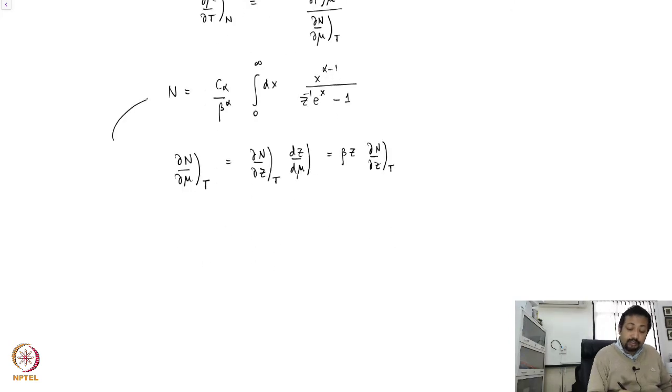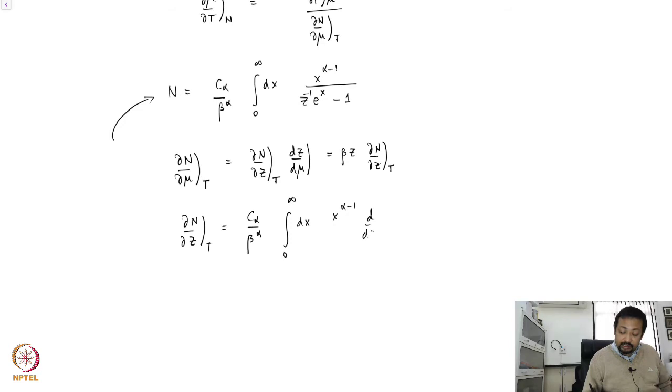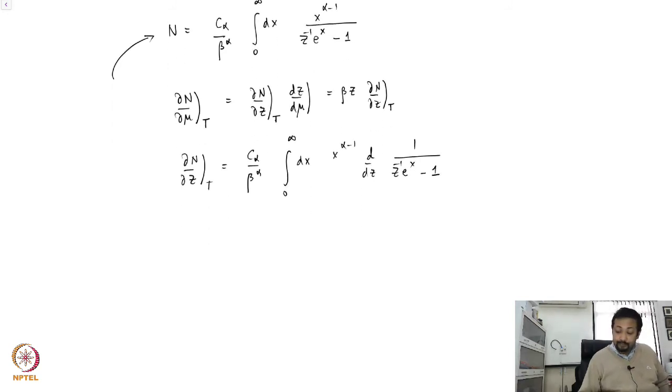So let's take this expression for n and figure out the derivative (∂n/∂z)_t held constant. This is going to be C_α β^α ∫ from 0 to infinity dx x^(α-1) d/dz of 1 over (z^(-1) e^x - 1). Again, I know the standard trick.